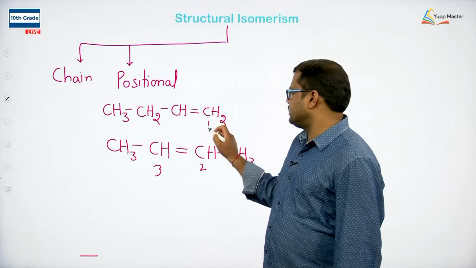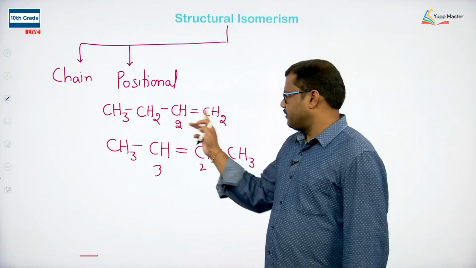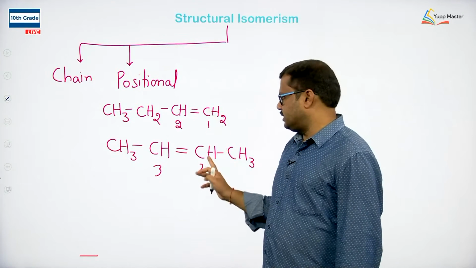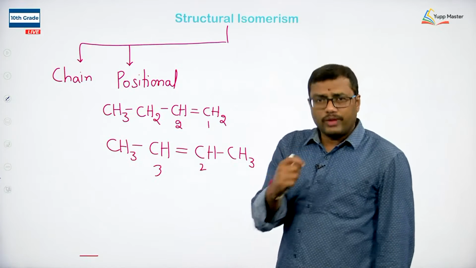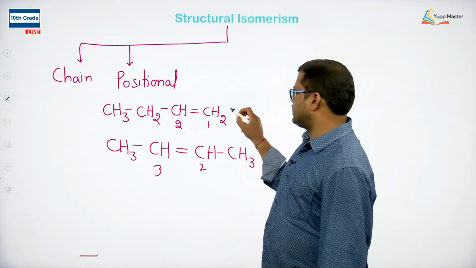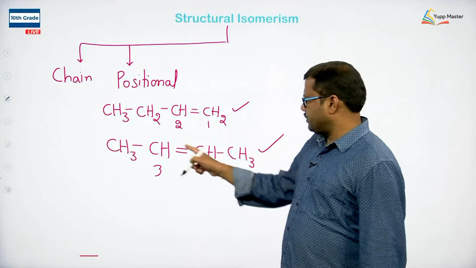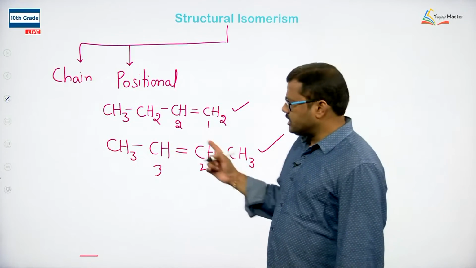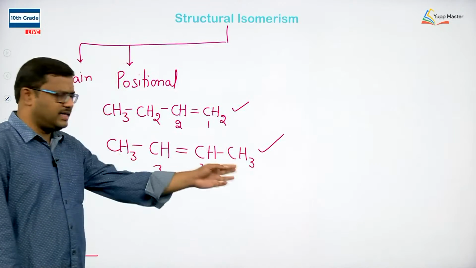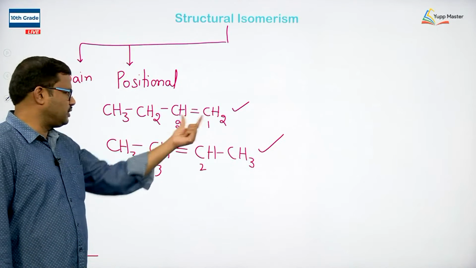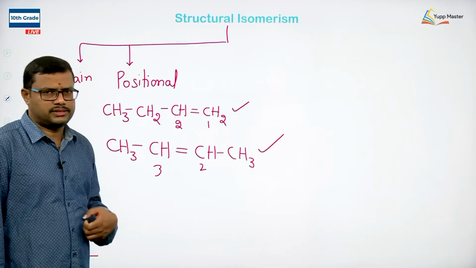In the first case, the double bond is between the first and second carbon atoms; in the second case, between the second and third carbon. Here the position of the double bond is different. We have the same length, 4 carbons in the straight chain, but there is a change in the position of the double bond. So, these two can be considered as positional isomers.